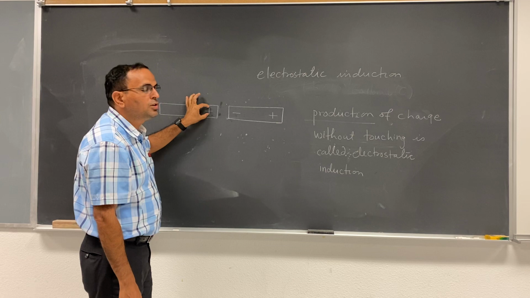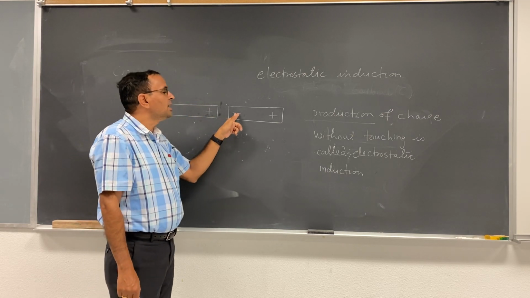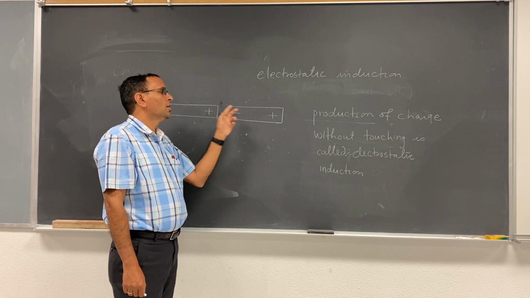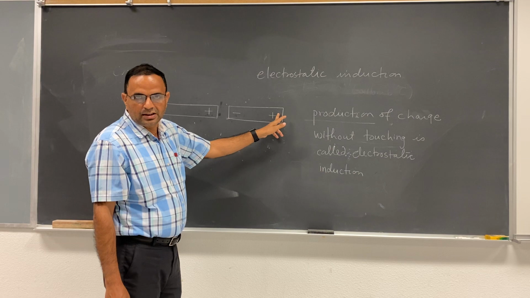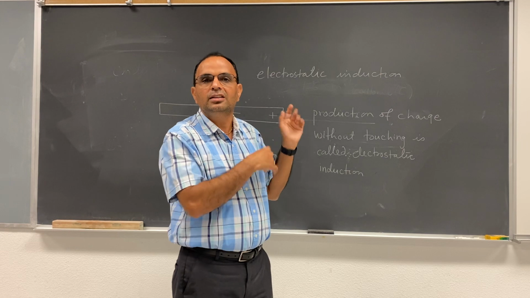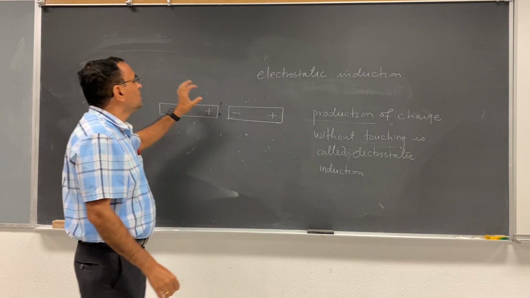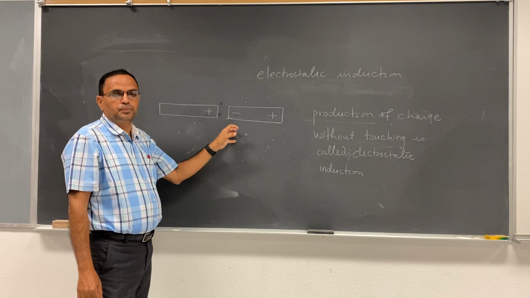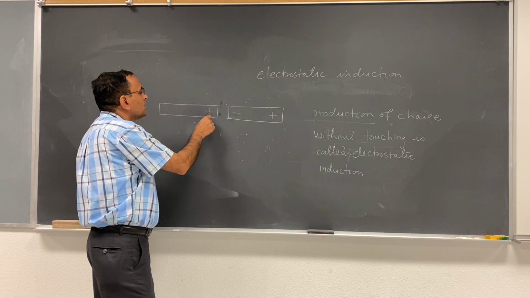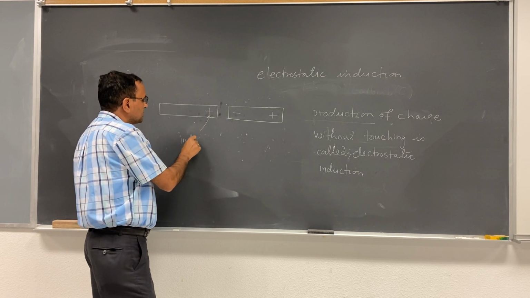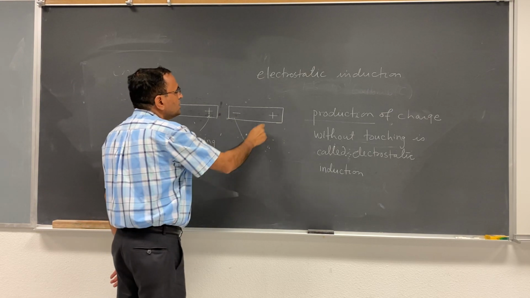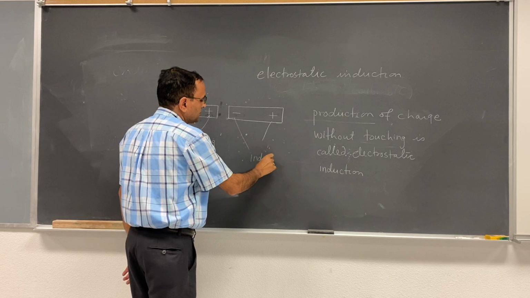So the negative charge, that is electrons, come closer to this positive charge. Of course, then this end becomes positively charged. So you simply separate the charge. We do not create the charge here, but still I use the word production. So the production of charge without touching is called electrostatic induction. We call this the inducing charge, and these two charges we call induced charge.